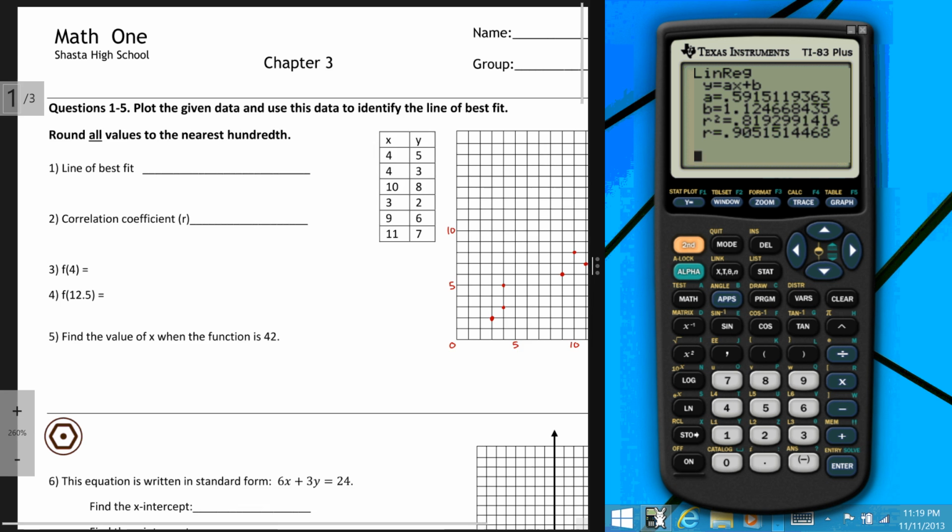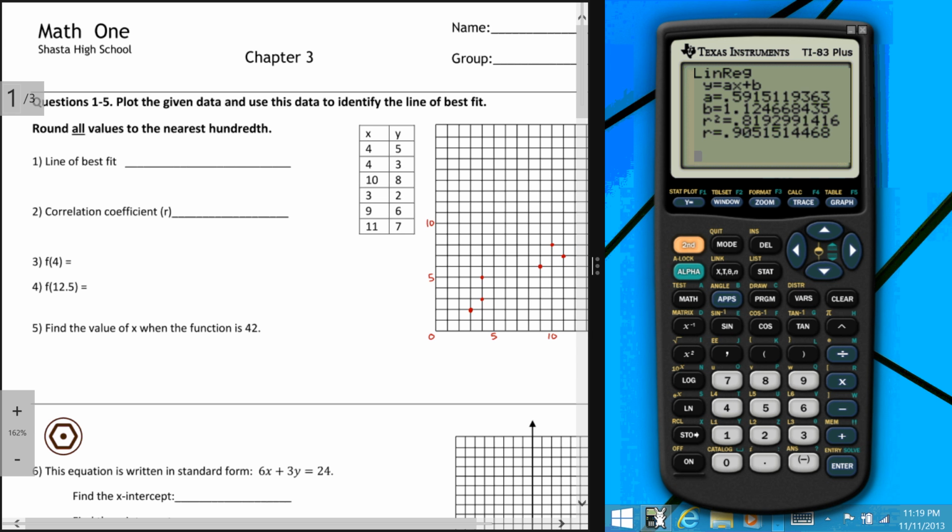So let's zoom this out and get some of these written down here. First thing I want you to notice is it does say to round this to the nearest hundredth. And our equation will be y equals, I'm going to write it in function notation, but it's the same. Instead of y equals, I write f of x. And then I've got here a, which, rounding to the nearest hundredth, is 0.59, so 0.59x.